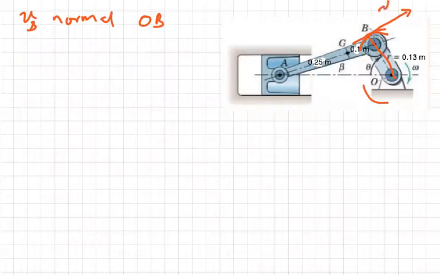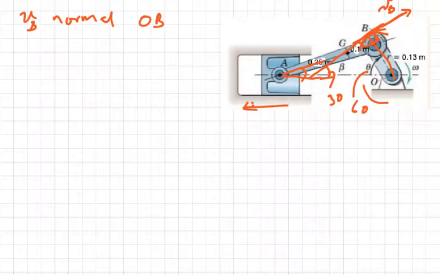So this is VB, and so this will be a right angle triangle. So if you go on with that, we know theta to be 60, so this will be 30. But this is not beta. This beta is between this and the horizontal. This is beta, but this is 30 because this is 90, this is 90, this is 60, so this will be 30.